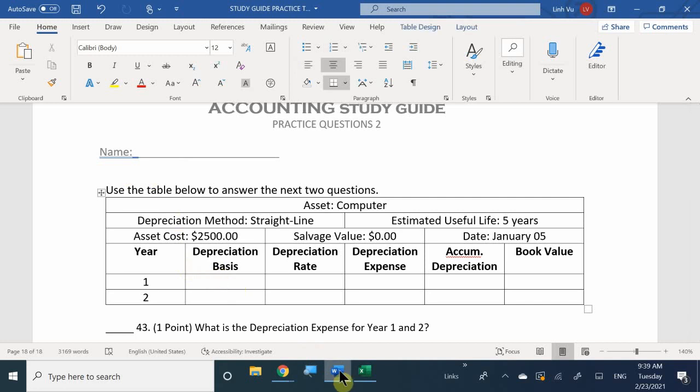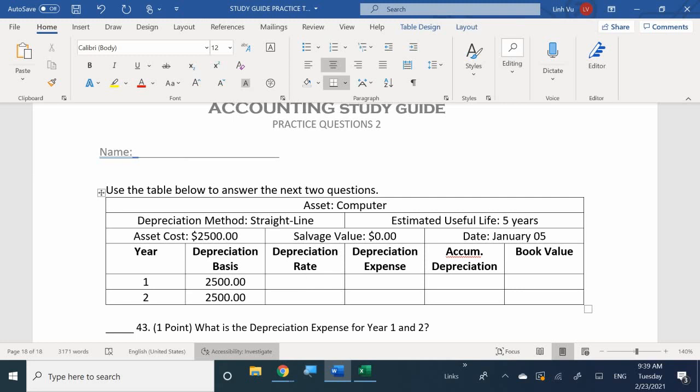So what's my depreciation basis? This is straight line. 2,500, because the formula is 2,500 minus your salvage value, which is 0. All right. What's my depreciation rate? 1 over the estimated useful life.